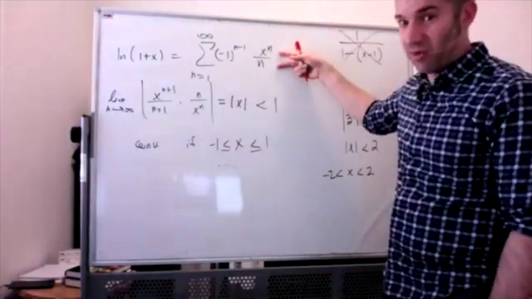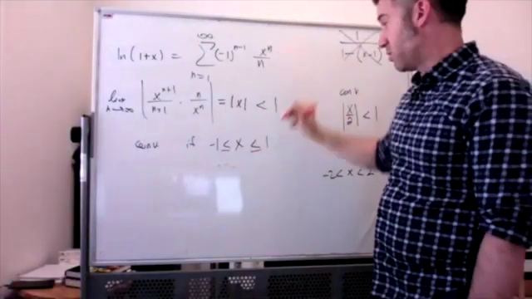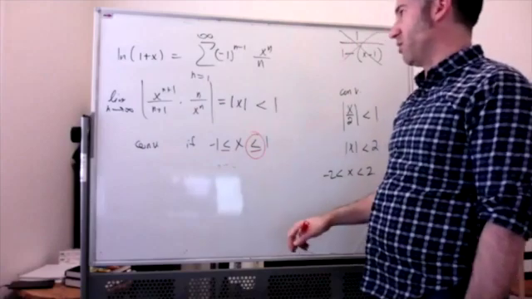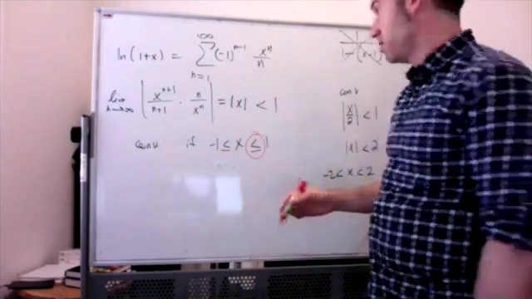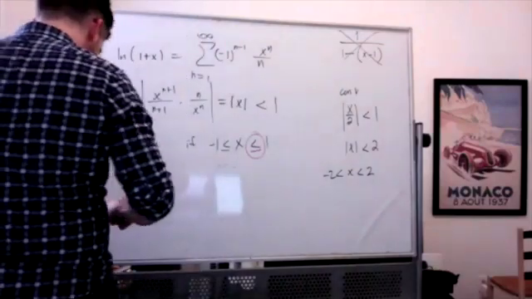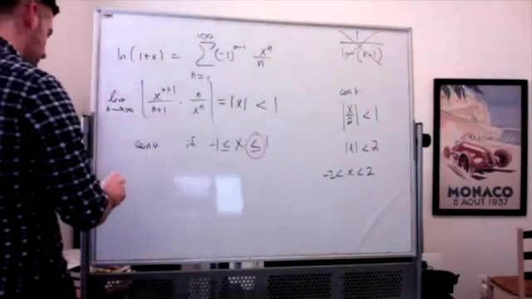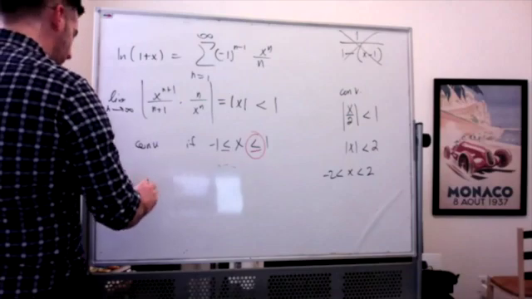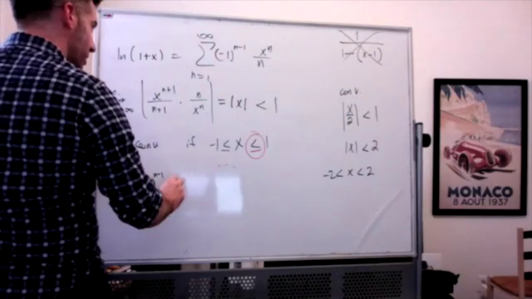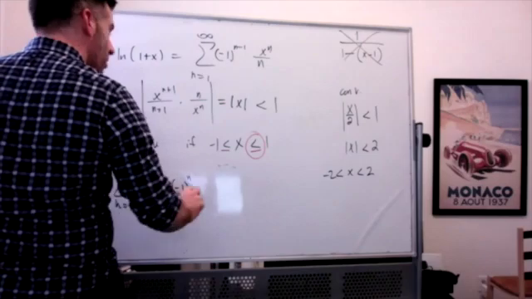If x is equal to 1, you have the alternating harmonic series, so it definitely does converge if x is equal to 1. If x is equal to negative 1, it does not, and here's why. We end up getting the sum from n equals 1 to infinity of negative 1 to the n minus 1 times negative 1 to the n over n.